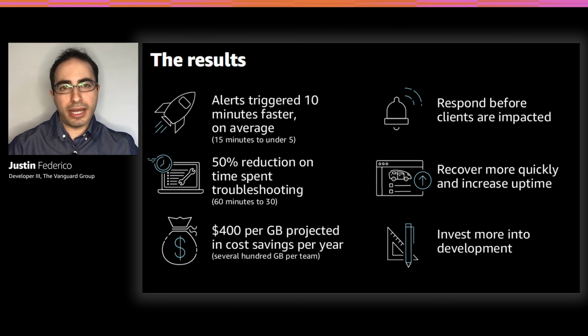Our team by itself owns a few services that run 24/7, and they can generate a few hundred gigabytes by themselves per year. So you multiply that by a handful of teams, and this cost will really start to drive up. And of course, the more we save on cost, the more we can invest right back into our application and hopefully develop better features and enhancements for our clients and ourselves.